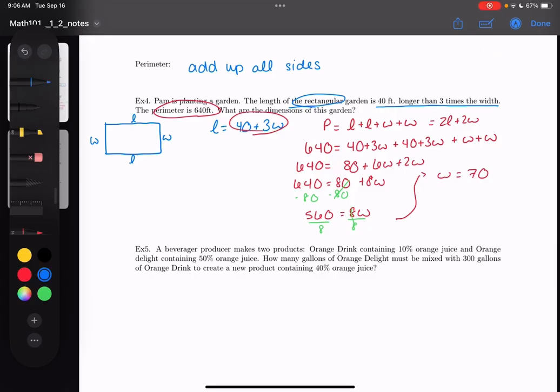Now if I want to find my length, remember that length is 40 plus 3W. So I can plug that in. I get 40 plus 210. So this is going to give me 250 for my length.